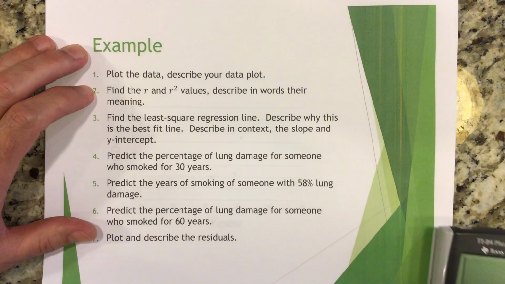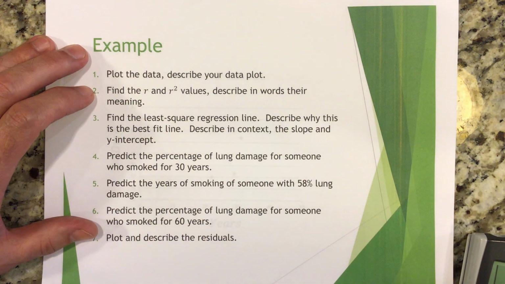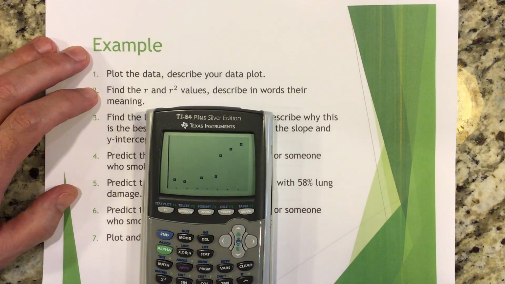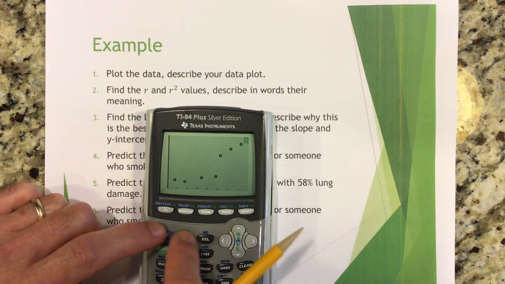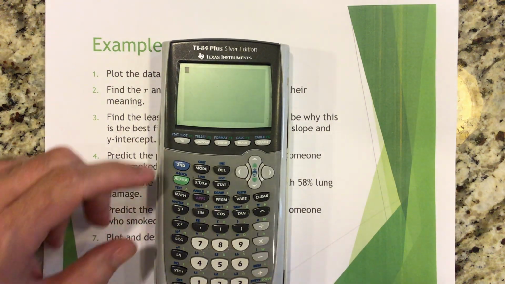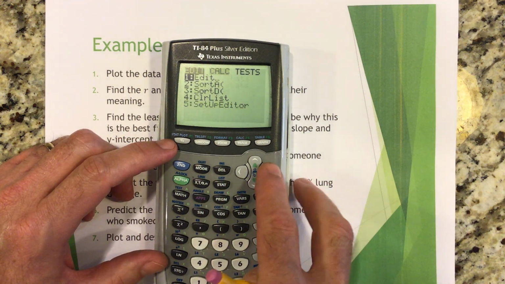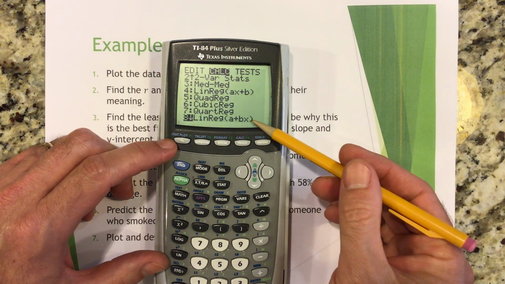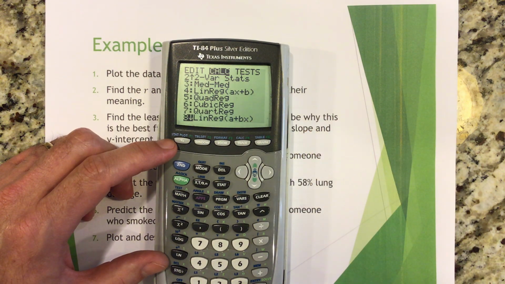So step two, let's find our correlation and our coefficient of determination, and then let's describe in words what they mean. So we're just going to do a little linear regression. And again, I'm using this one just because our formula sheet calls b the slope.